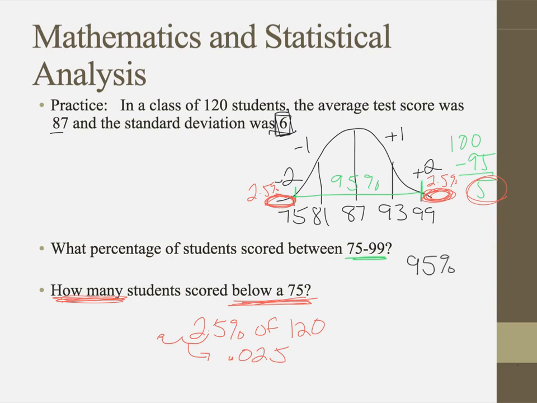That's how we write 2.5% as a decimal. And then I would multiply that by my number of students. And I should have pulled out a calculator before I started this video so that I could tell you this on time without having this awkward pause here. But here we go, 0.025 times 120 gives me 3 students.